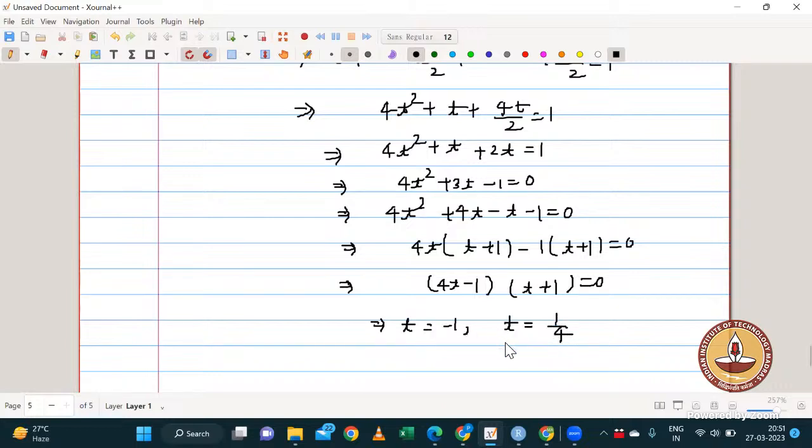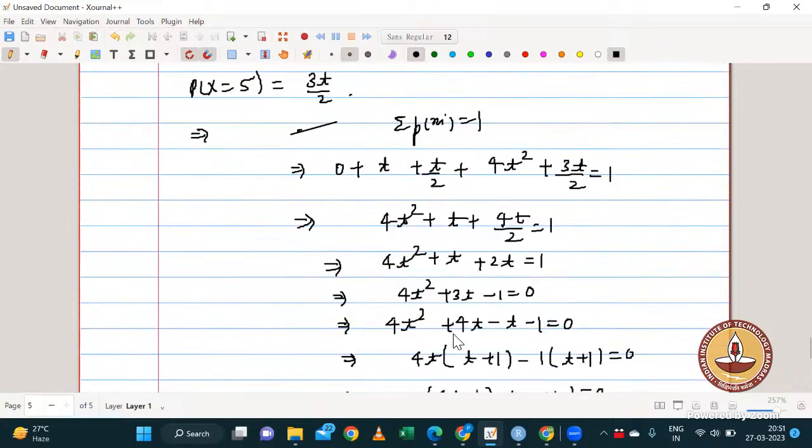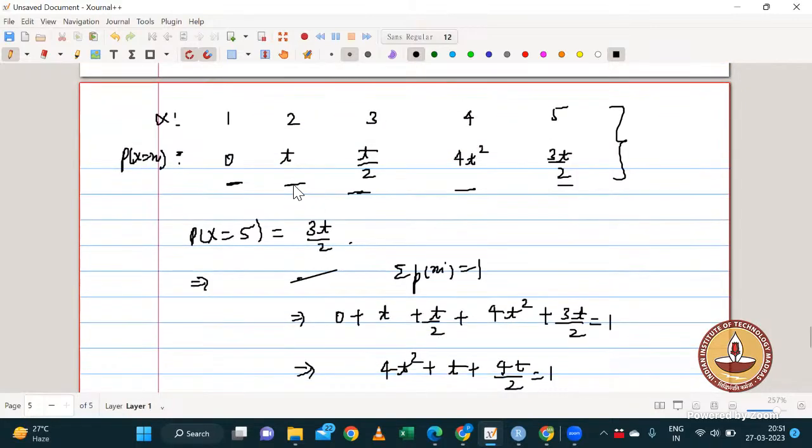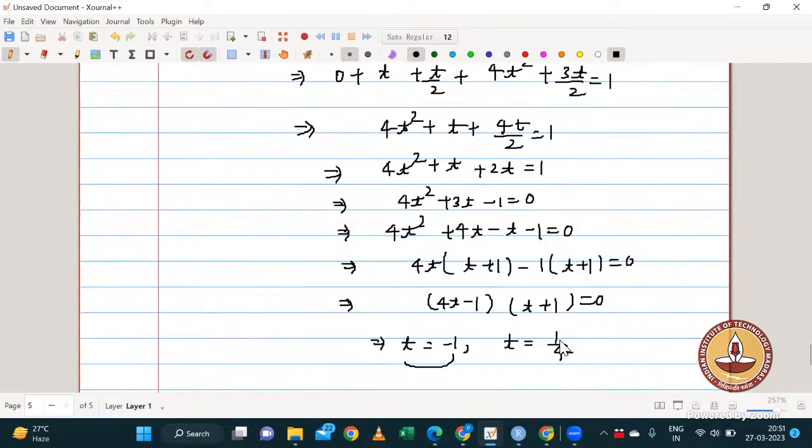Which value do we have to take? 1 by 4. Why not minus 1? Because we cannot have negative probability. If t were minus 1, a probability would be negative, but probability should be greater than or equal to 0 for a PMF. So we take t as 1 by 4.